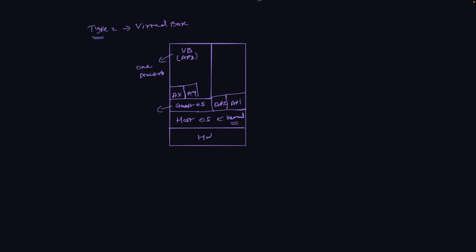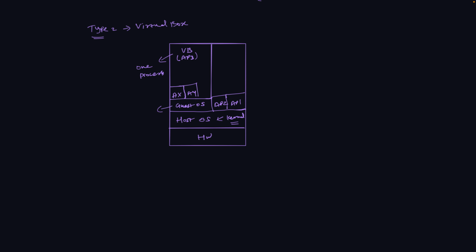It could be a completely different operating system as well. So if the host OS is running Windows, the guest operating system could be Linux or completely different, okay? So that is possible. And on top of this guest operating system, we are going to have the guest operating system's own applications, application X and Y.